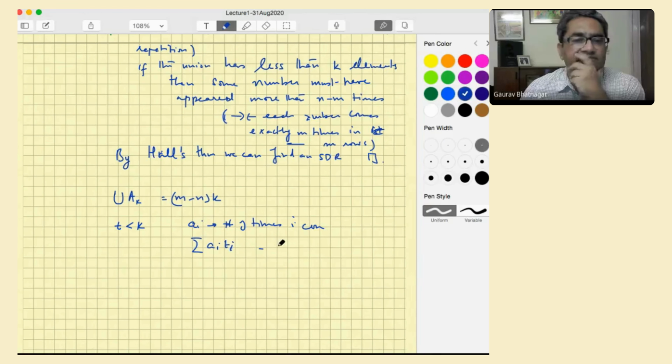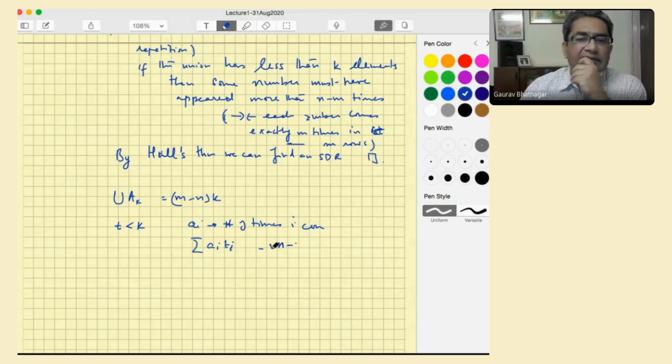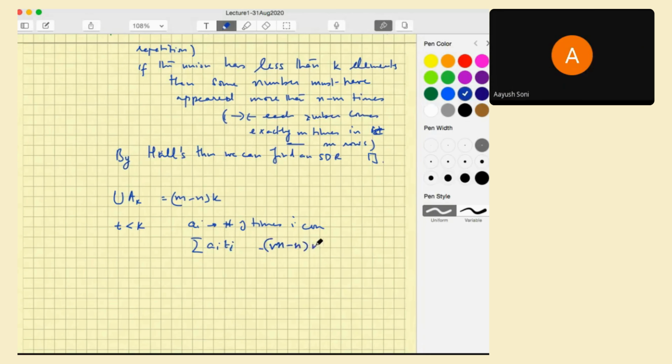So summation ai ti is equal to m minus n times k, and since we have only k elements, one of our ais should be greater than m minus n, sorry.